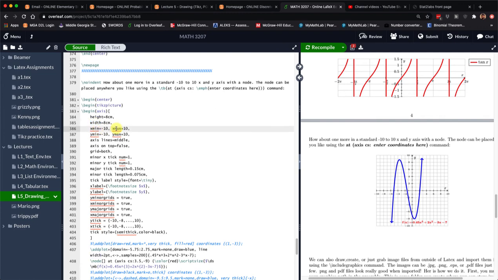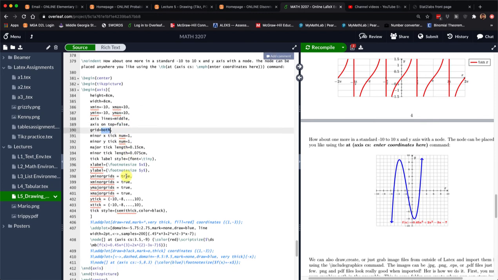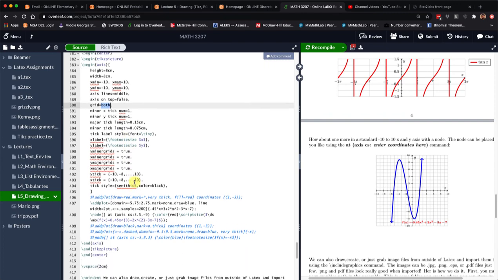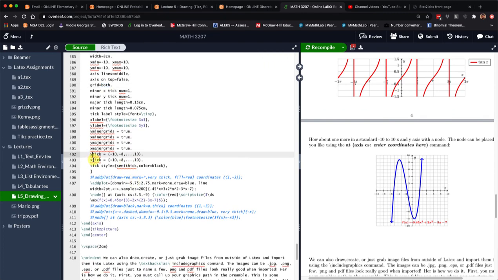My x-min and y-min are both -10. My x-max and y-max are both 10. So now I'm going to have 10 tick marks across the entire thing. All right. Axis lines, I've got middle, axis on top, false, grid both ways. Everything else is set up pretty much the same until we get to the X tick, Y tick definitions.